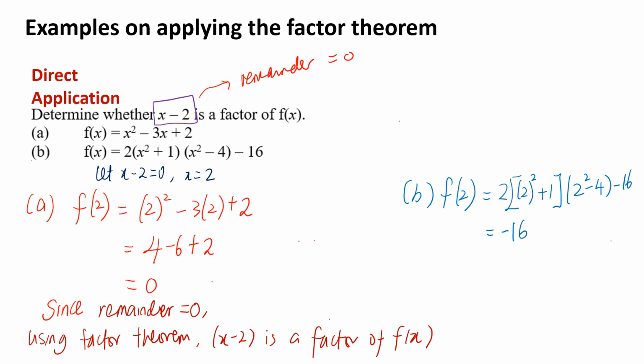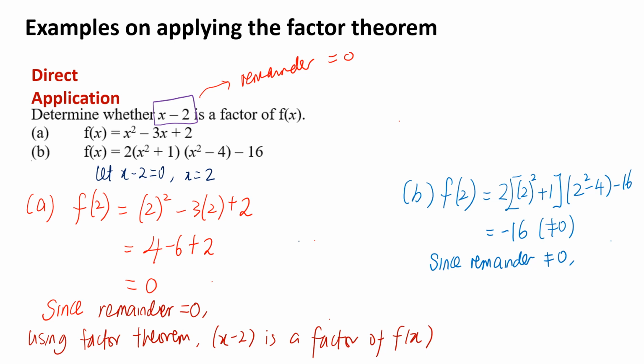So what does negative 16 tell you about the remainder? Yes, negative 16 is not equal to 0, right? So the conclusion is since the remainder is not equal to 0, you can't use factor theorem, right? Because the remainder is not 0.